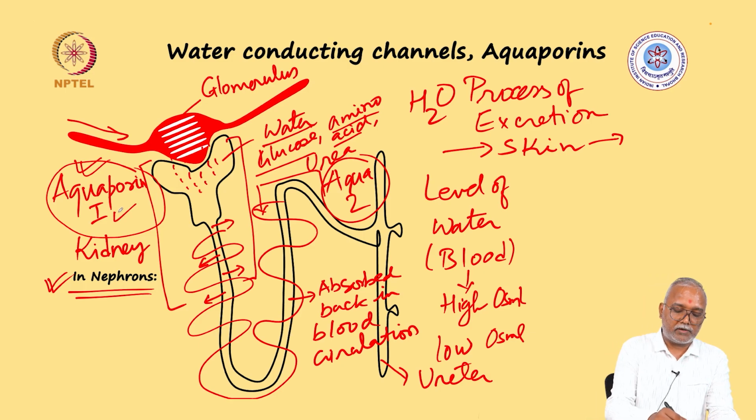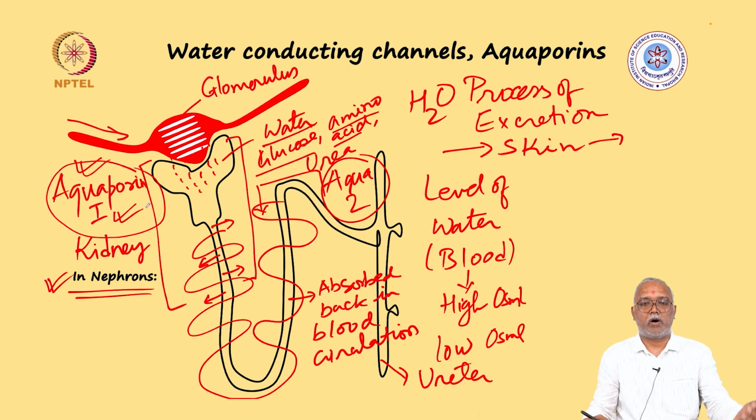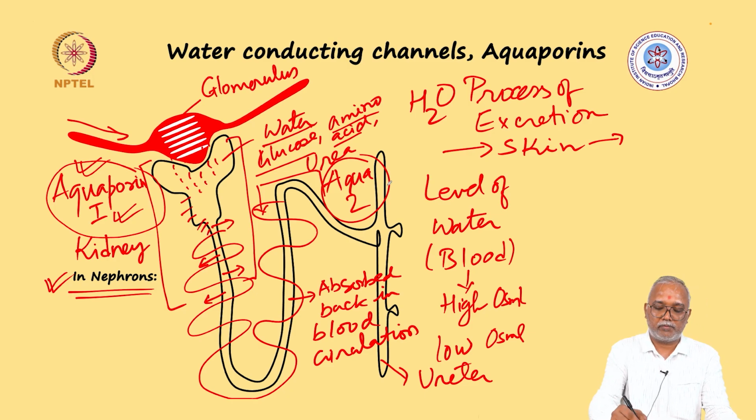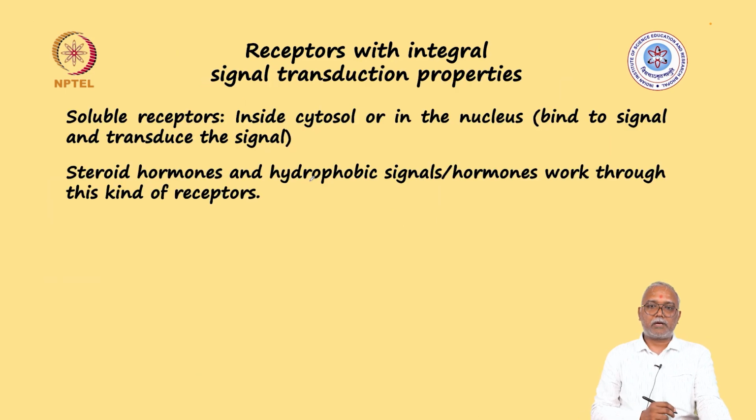While aquaporin 1 allows the bulk movement of water and does not require any signal, it is always present on the surface of these cells which are here, but aquaporin 2 needs a signal to be present on the cell surface and allow more water molecules to be taken back into the system.